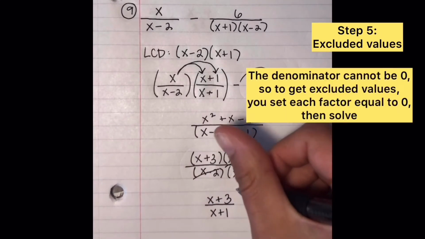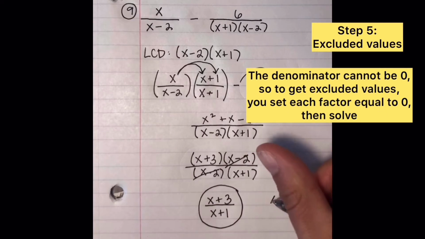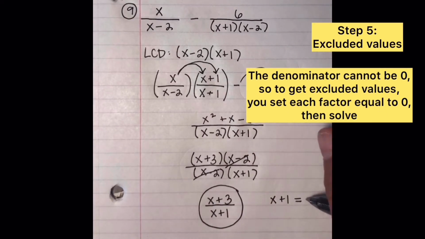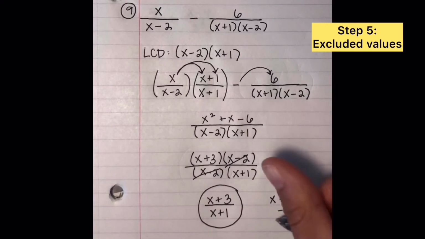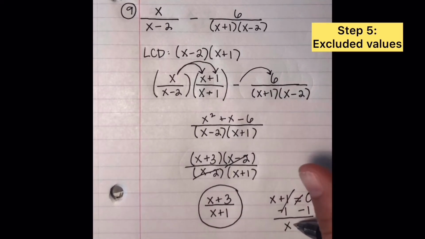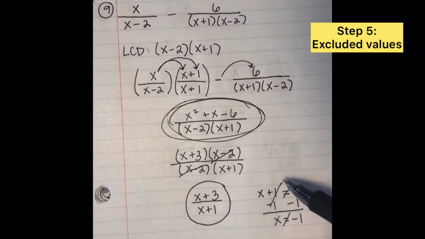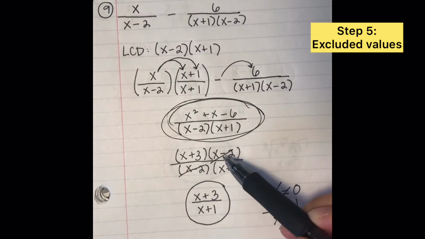We set the denominator not equal to 0 to see that the answer is good as long as x is not equal to negative 1. So when we're looking at excluded values, you don't want to forget ones that you had previously eliminated.